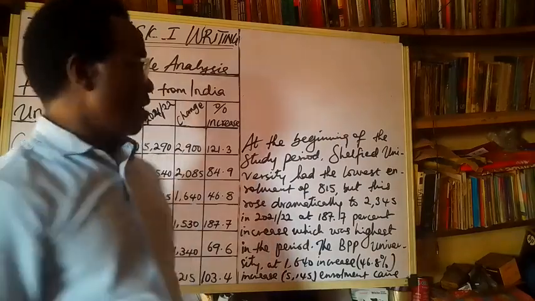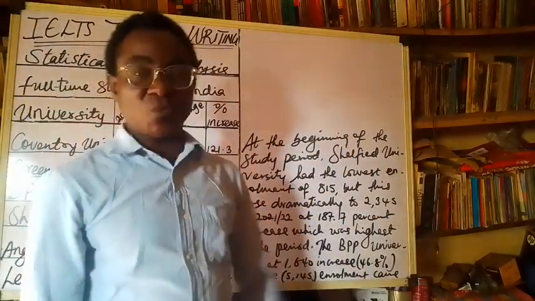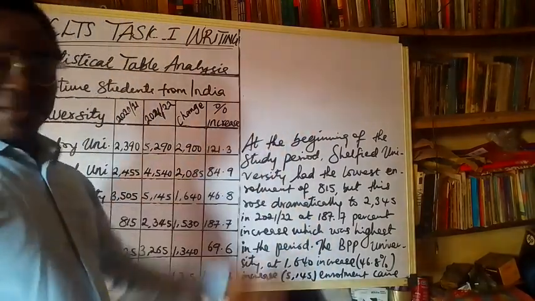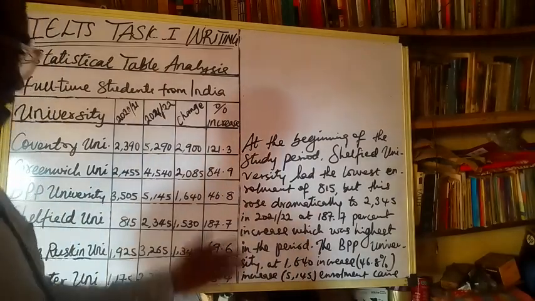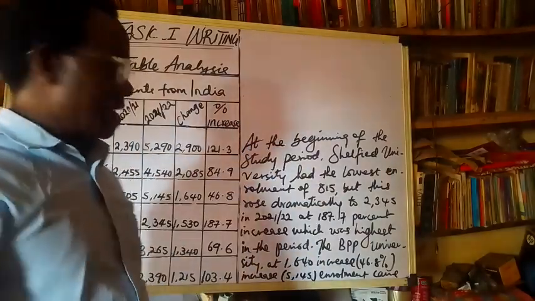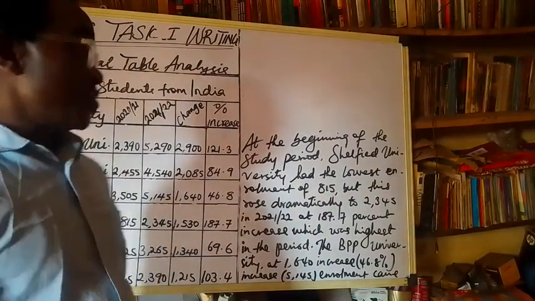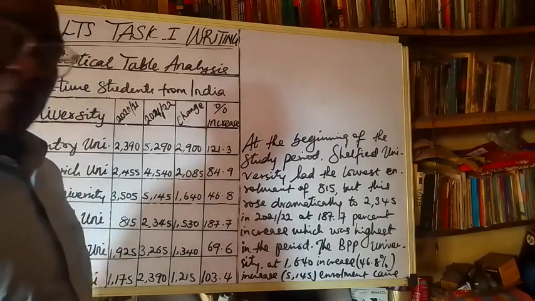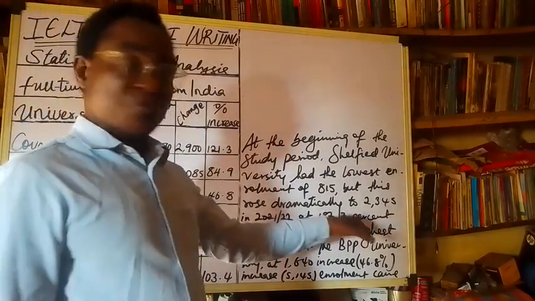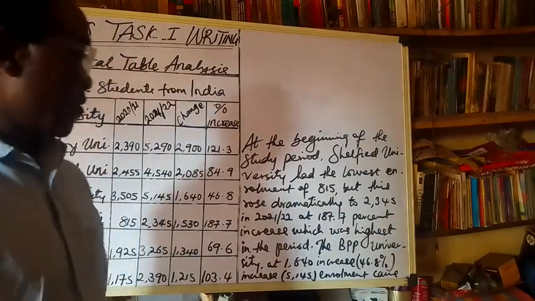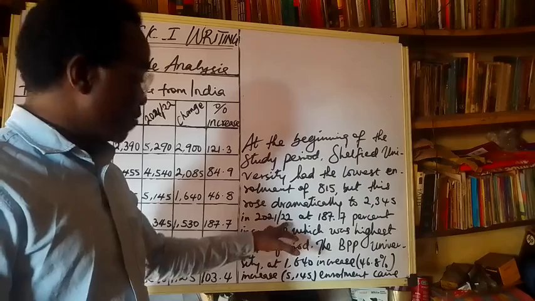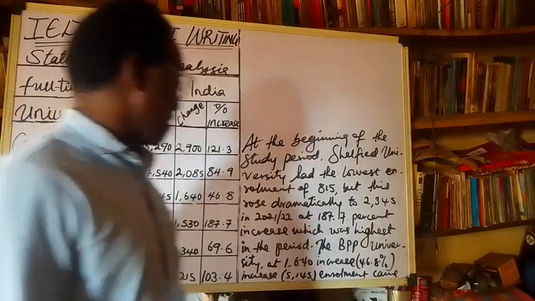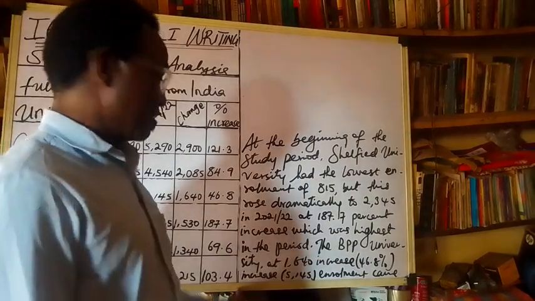And so, having finished with the overview, we now have the analysis paragraph, which is still going on. It says, at the beginning of the study period, Sheffield University had the lowest enrollment of 815, but this rose dramatically to 2,345 in 2021/22, a 187% increase, which was the highest in the period.